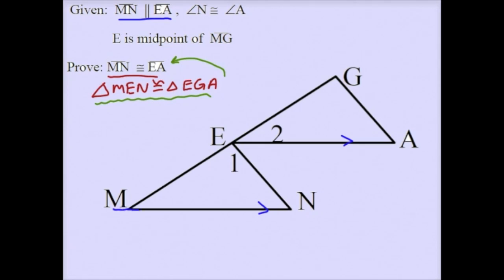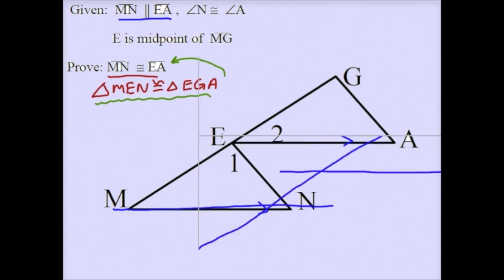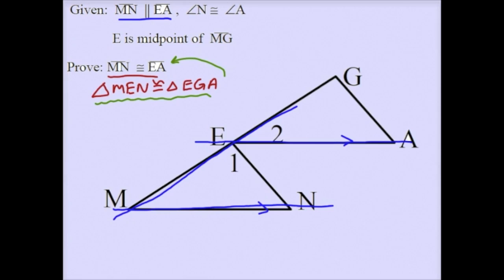So if we consider MN and EA, and they're cut by that transversal, then if we look down at these angles, angle 2 and angle M would be considered corresponding angles. So those are congruent. So that fact tells me that angle 2 is congruent to angle M.